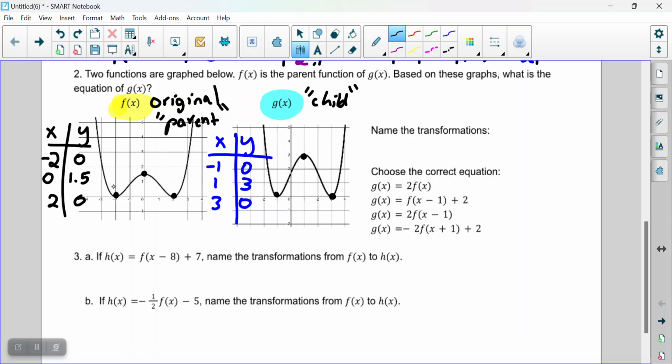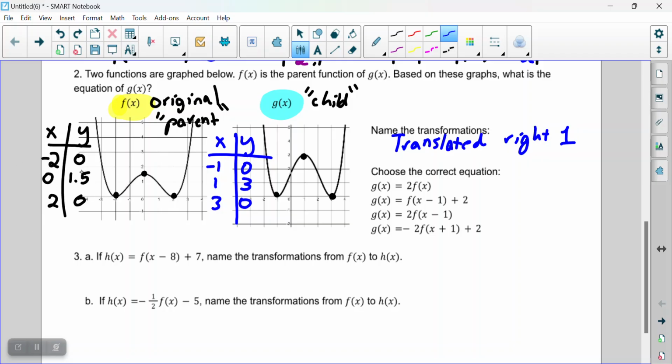Oh, consistently, they're all moved to the right one. So this original to the child, I think it translated right one. The left and right transformations are the only thing they're going to move these x values.